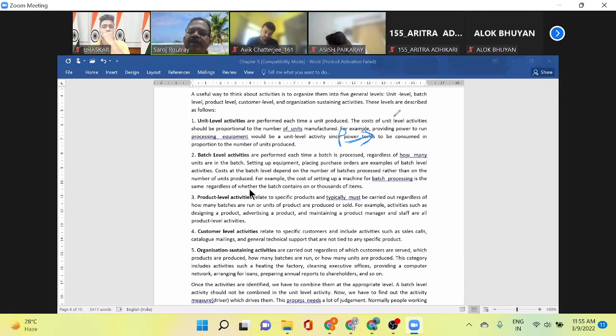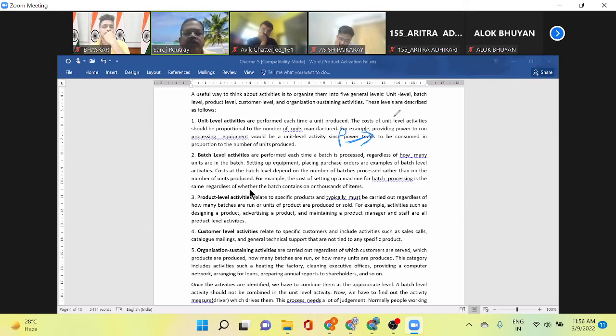The second one is the batch level activity. For example, if I take one example of manufacturing of marker, and I'm manufacturing 4 colors of marker: black, blue, red, and green.